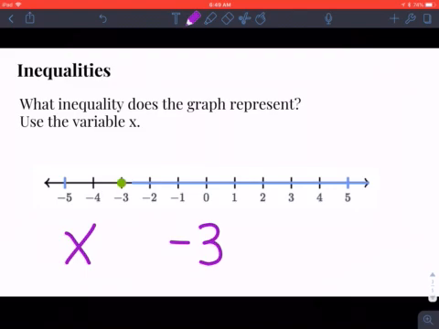Now, it is pointing to all these numbers that are bigger than negative 3. It goes all the way to 5, and it would keep going if our number line continued to move. So this is going to be numbers that are greater than negative 3, but also because this is a filled in point, it needs to be greater than or equal to negative 3.